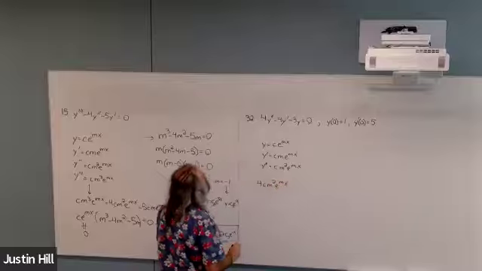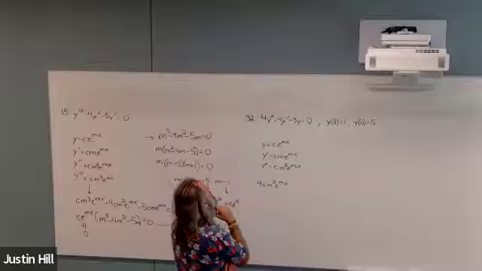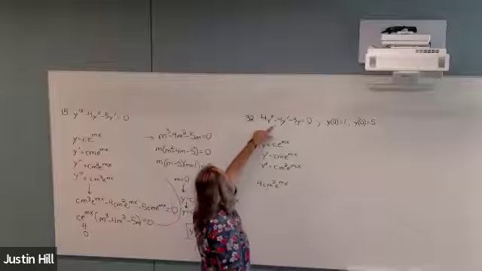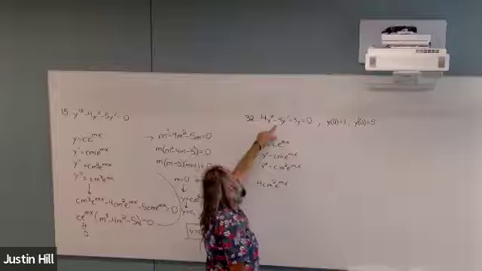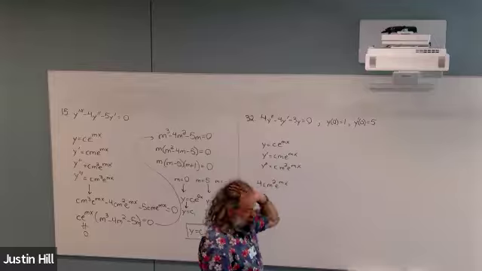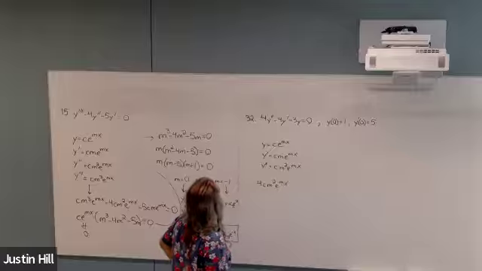Sure this is factorable. I'm hoping this was factorable. I didn't intend it not to be. Give me a second. Hopefully this is factorable. I meant for this to be factorable. Okay.